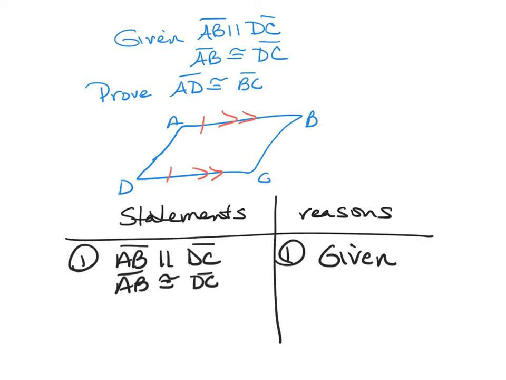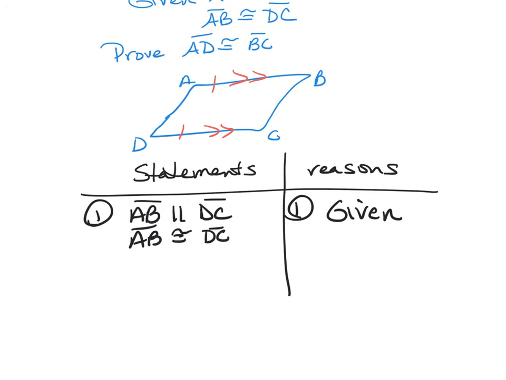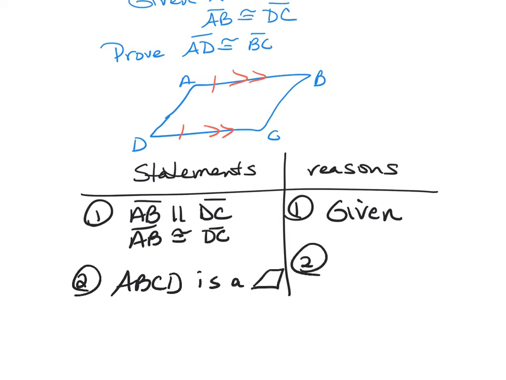Now this will be the type of proof you're going to be doing on the quiz. So now, what does this given tell me? What does it tell me about ABCD? Beautiful. That's going to be my second step. I'm going to say that ABCD is a parallelogram.